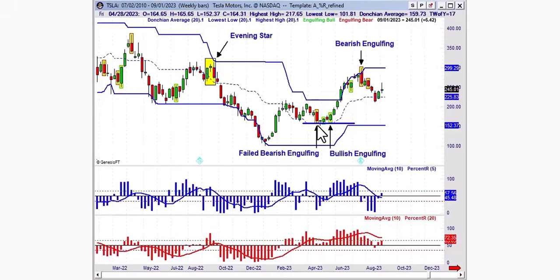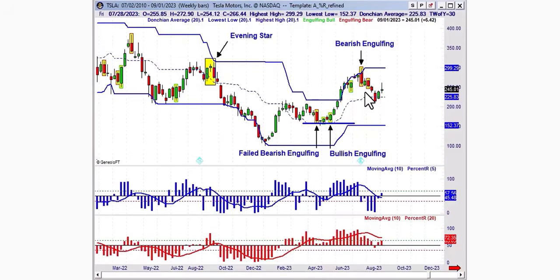Well, here we actually have a failed bearish engulfing pattern, but what's really exciting is you can see the real bodies begin to increase in size. Now this is technically not a three white soldiers formation, but I definitely like the bullish engulfing pattern that occurred here back in May. And that gave us the advance to the upside.